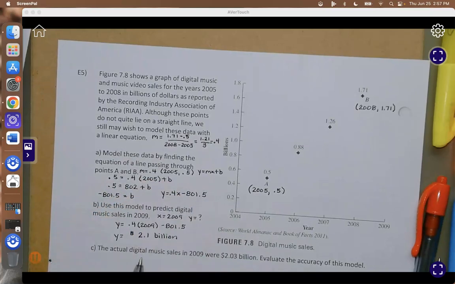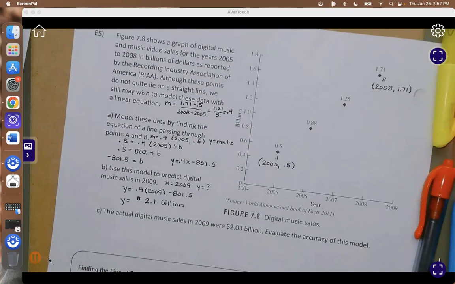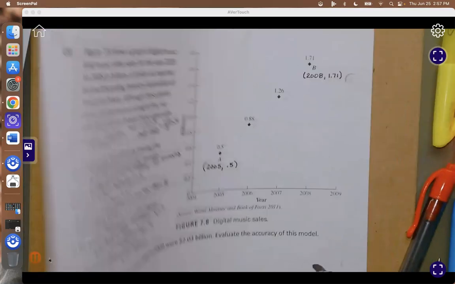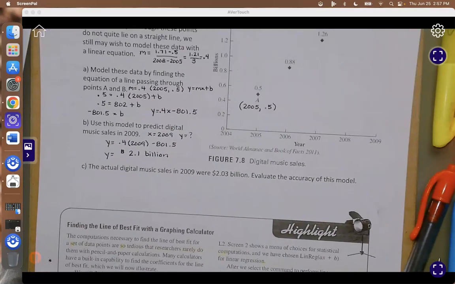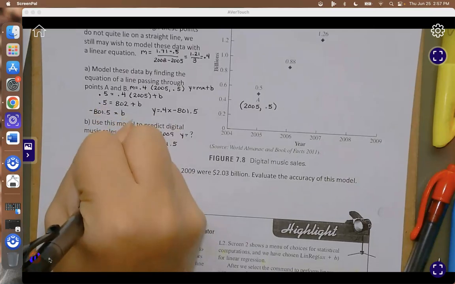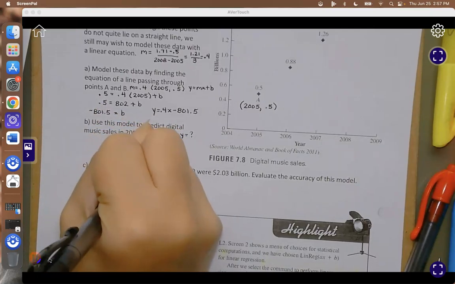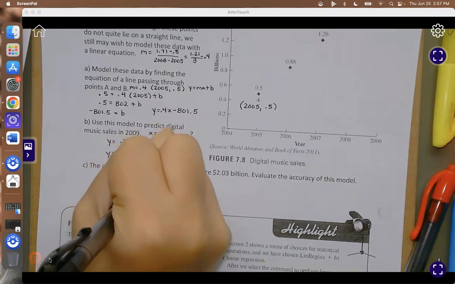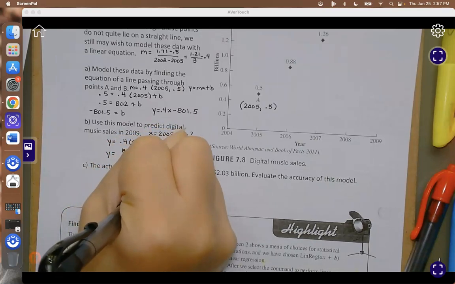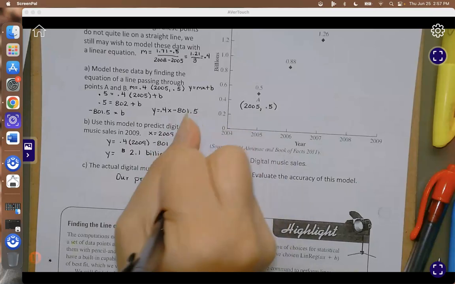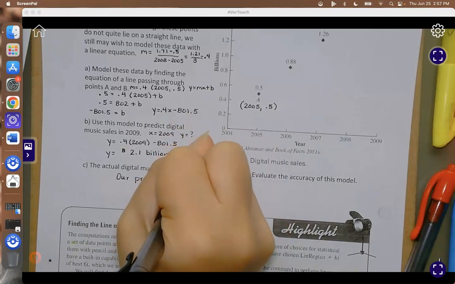The actual digital music sales in 2009, so this was a projection, were 2.03 billion. Evaluate the accuracy of this model. So we're going to say our prediction was a little high.